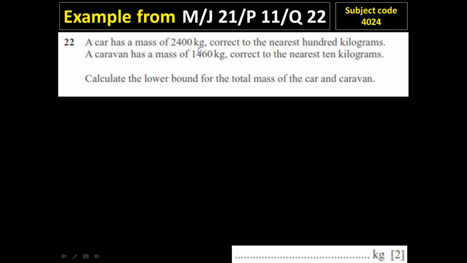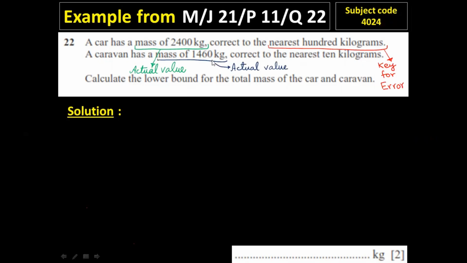The actual value for the mass of a car is 2,400 kilograms and the key for error is nearest 100 kilograms. The second actual value, for the mass of the caravan, is 1,460 kilograms, and the key for the error is nearest 10 kilograms.